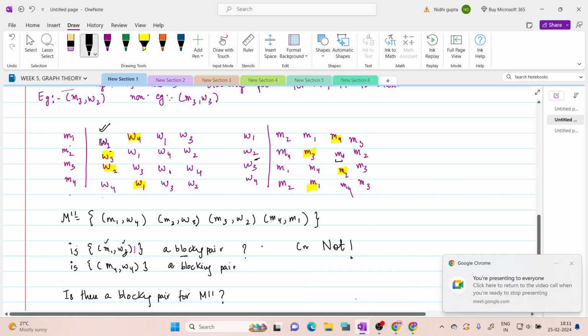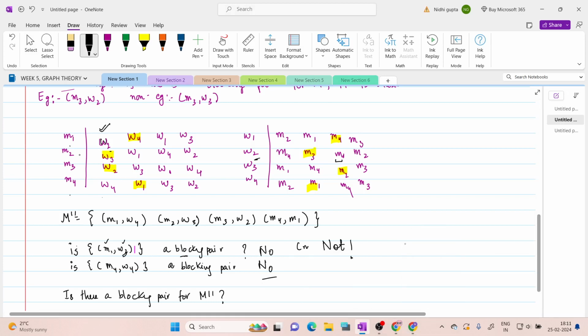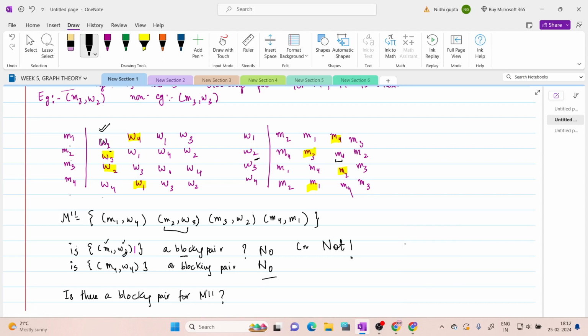M2W3 is already in this matching. You see that M1 is getting his second preference, and M2 is getting his first. So M1W2 is not a blocking pair, and M4W4 is not a blocking pair.